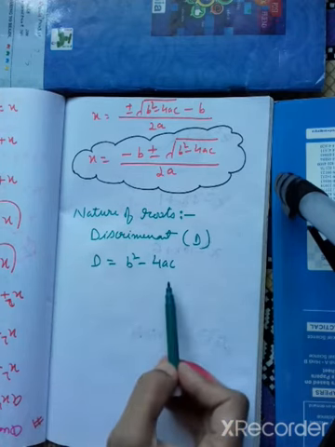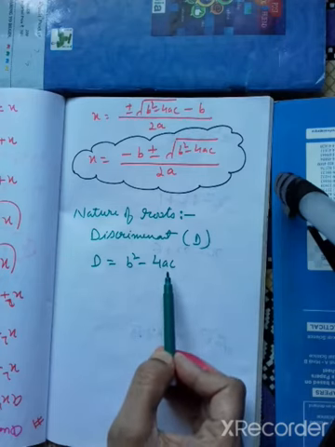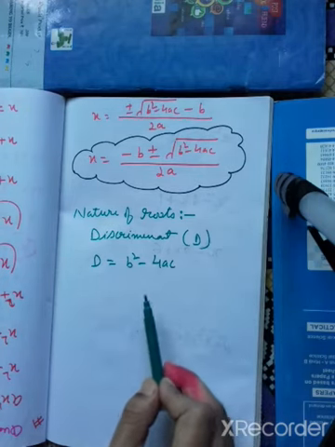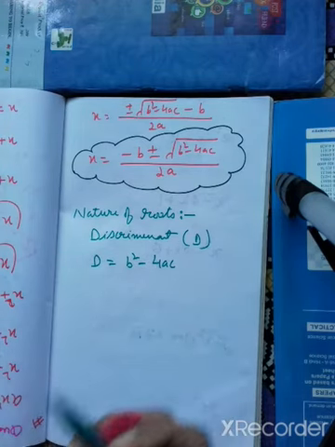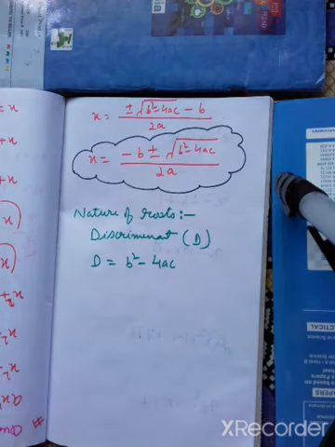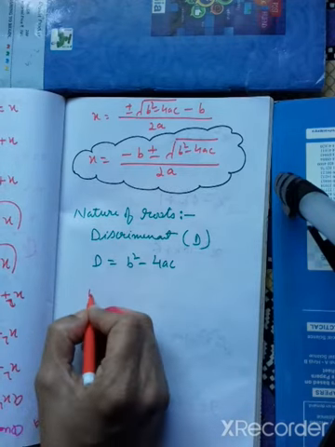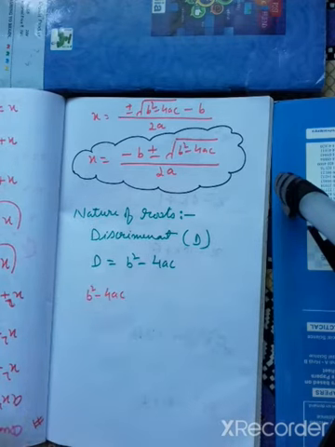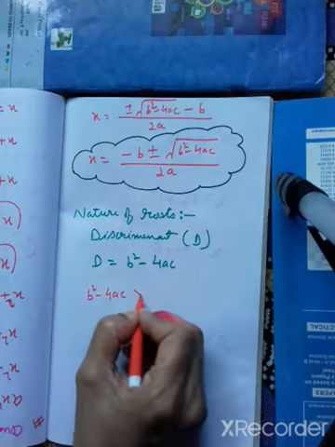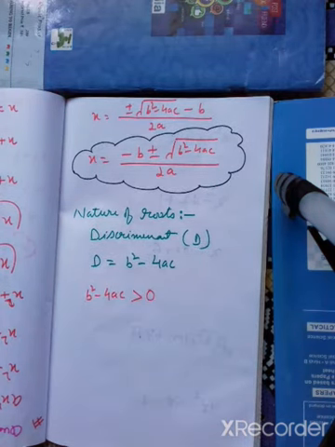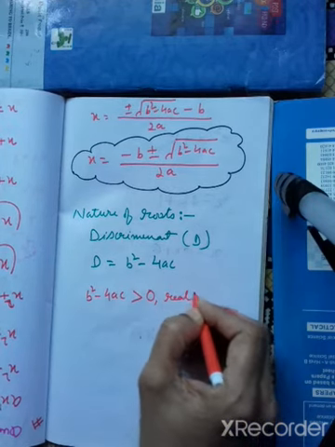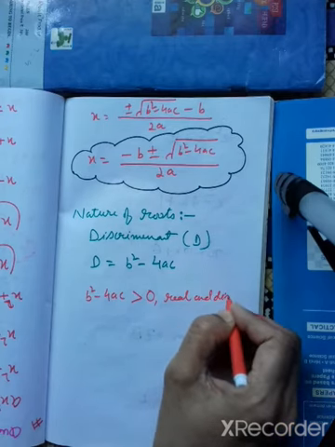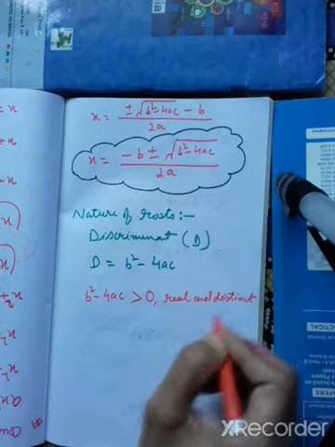When we solve b square minus 4ac, we will have some numeric value. If after solving b square minus 4ac the value is greater than 0, then we can say we will have real and distinct roots.